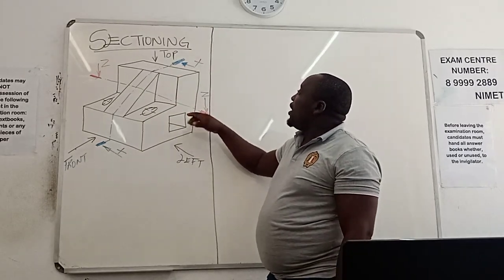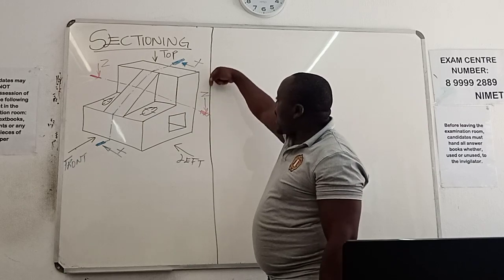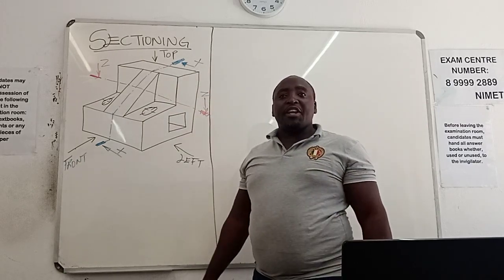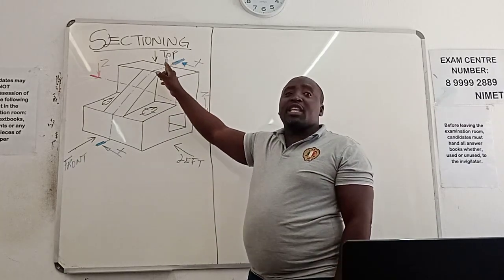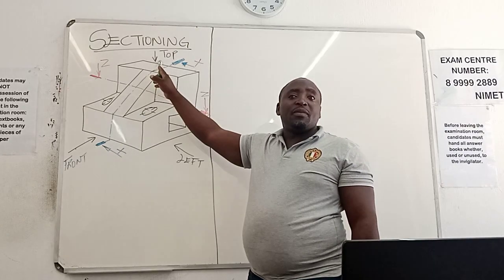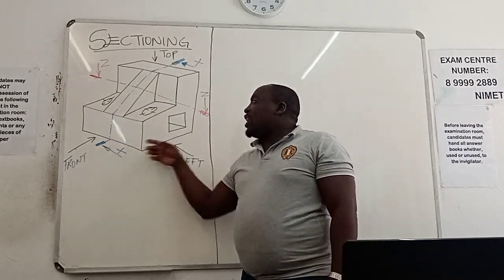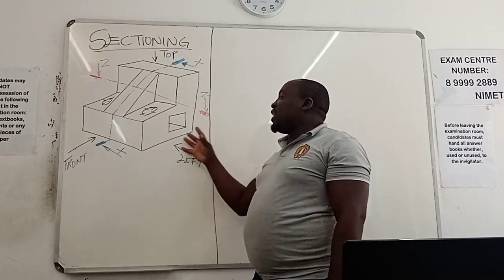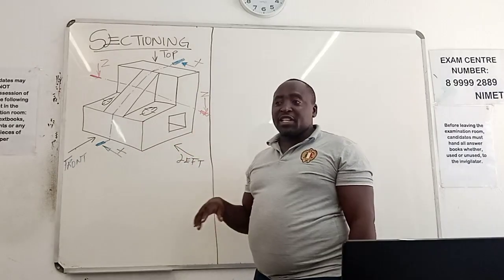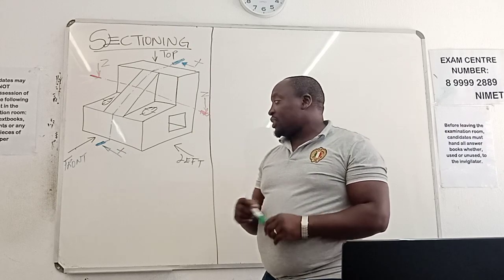Here, I'll cut like this, then I'm looking from the Z direction. It means only the top view is affected. When I'm cutting like this, I'm looking at the remaining view here. It means only the right view is affected. Now, how do these drawings look?